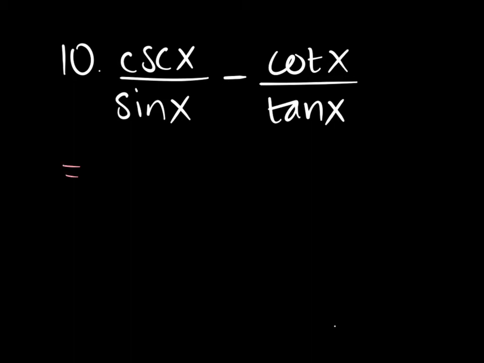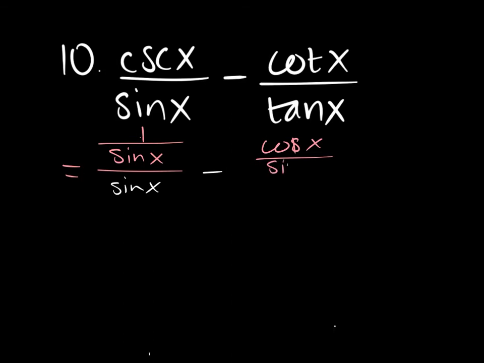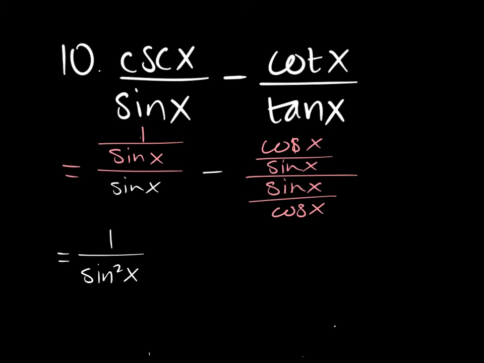So I get 1 over sine x over sine x minus cosine x over sine x over sine x over cosine x. Okay, so this will be equal to 1 over sine squared x minus cosine squared x over sine squared x.